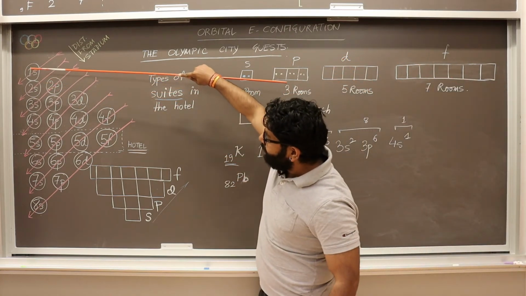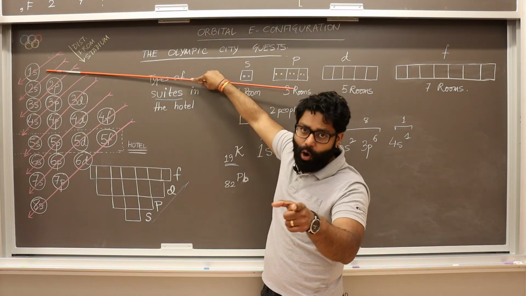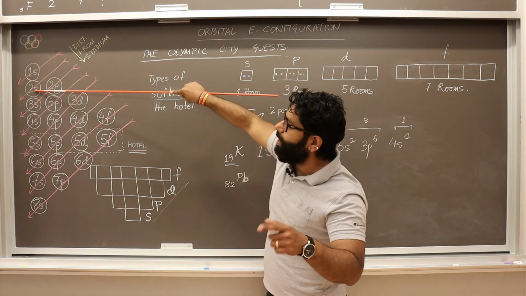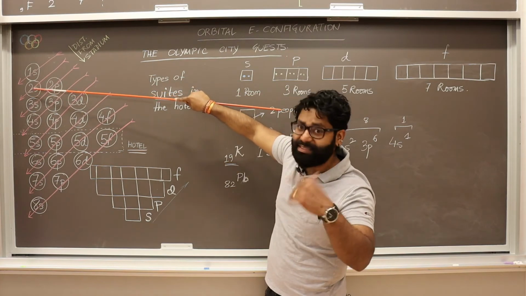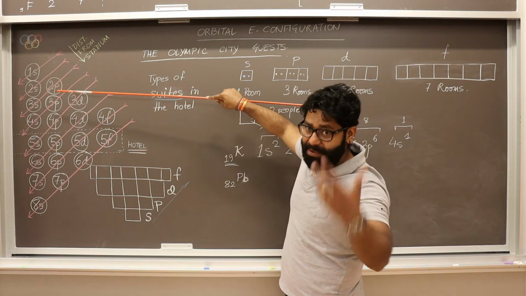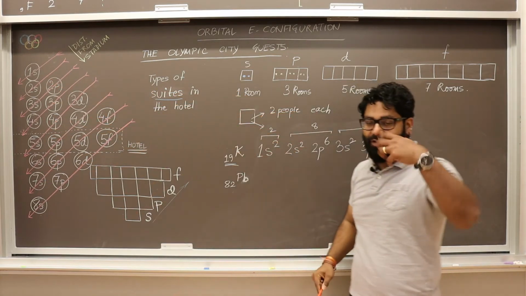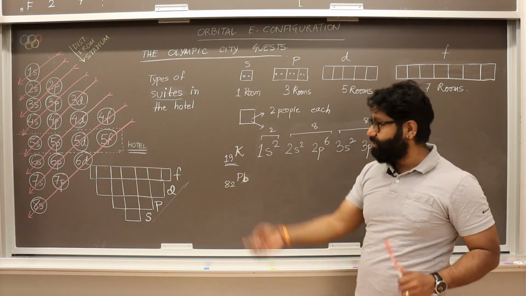So 1s is the s orbital of the first orbit. 2s is the s orbital of the second orbit. 2p is the p orbital of the second orbit, and so on and so forth, right? Just for the sake of analogy, right?